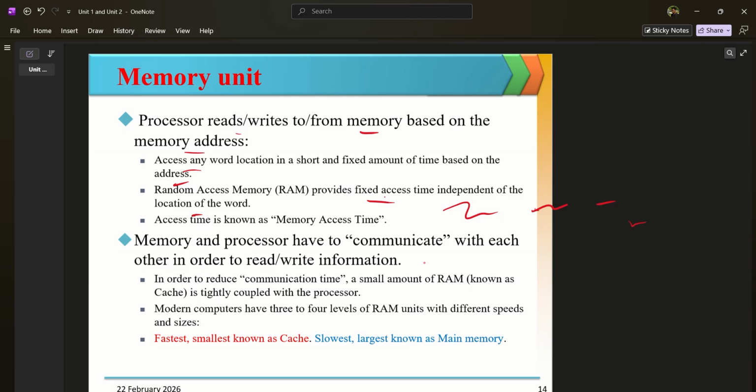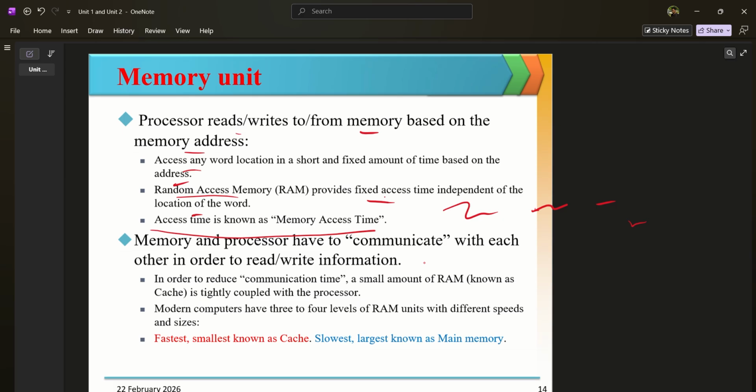That's what random access memory is all about. The time taken to access the data present inside the memory is called memory access time. This might be an important one mark question. If your paper has one-mark questions, this is a very probable question.